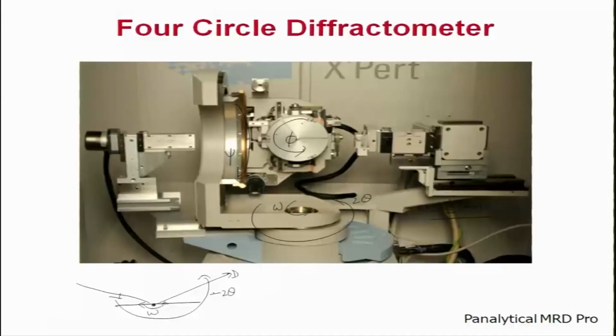So, phi, if you look at the sample from top and the sample rotates, so this is the top view, this is phi, and psi would be, if you look at the sample from the other direction, this is my sample. And if I tilt it around this axis, then it is psi, okay. These are the 4 angles of rotation that you might have in a diffractometer.